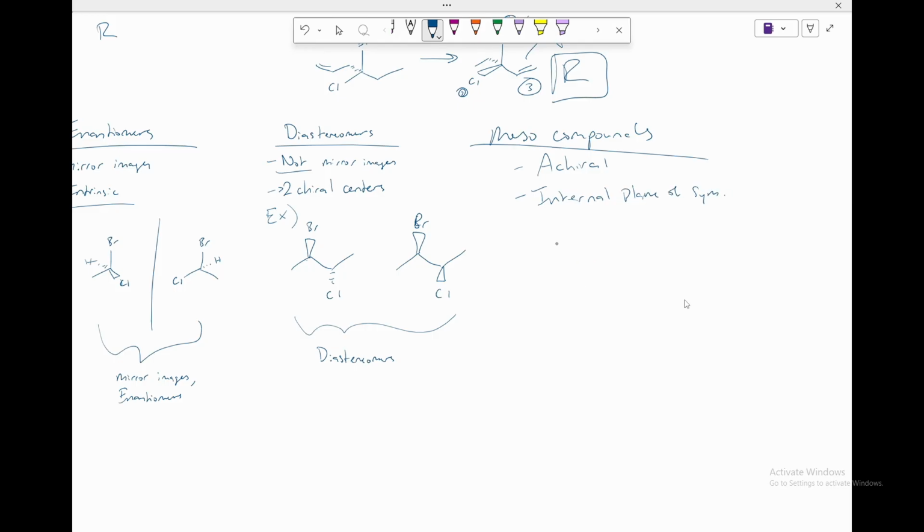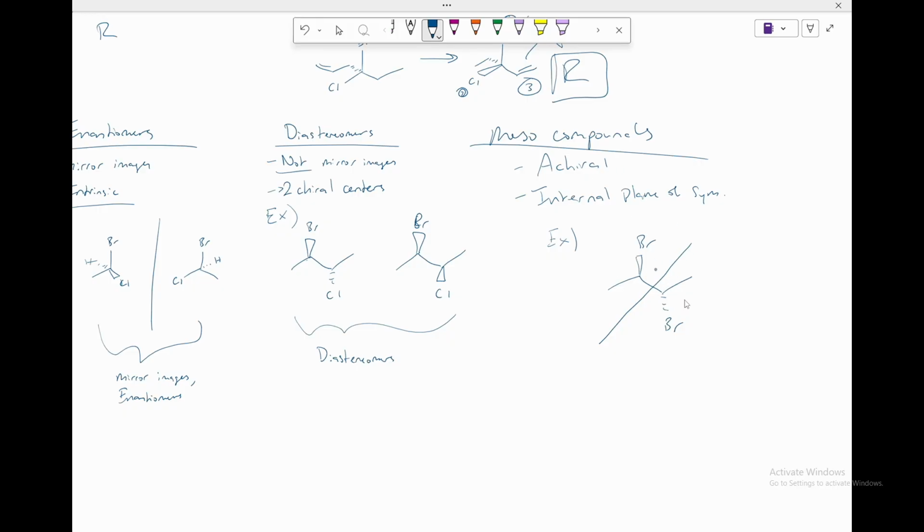So, for example, if I had maybe this, Br and Br, this has an internal plane of symmetry, meaning that this is achiral, actually.